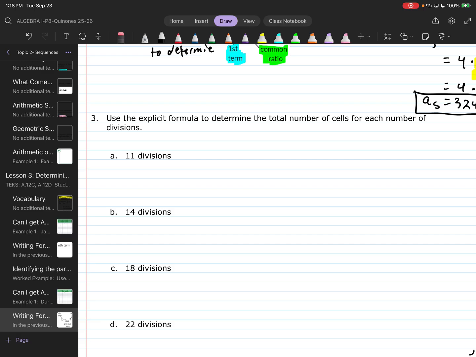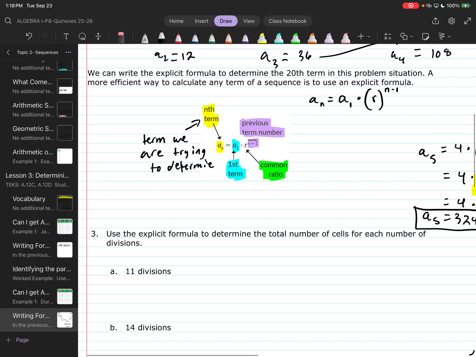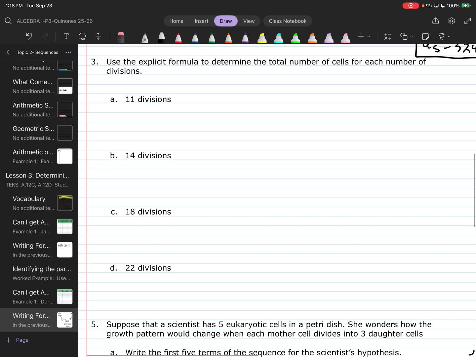Remember, we are using the sequence for the cell division, not this one. We're done with that one. Reference back the cell division sequence and tell me how many cells we will get if we have that many divisions. I'm going to give you and your groups 3 minutes for this. This is more than enough time for you to calculate this, especially with that formula. You don't need much. Go.